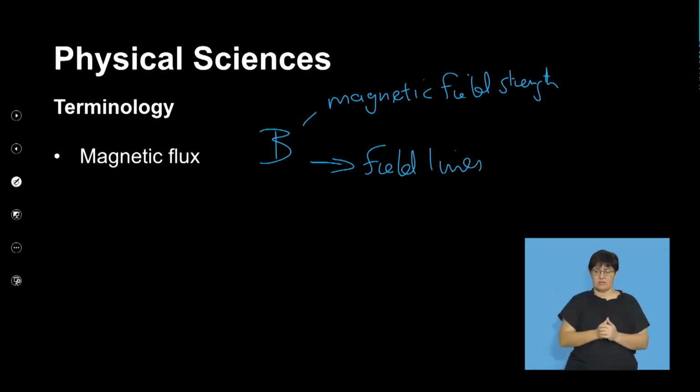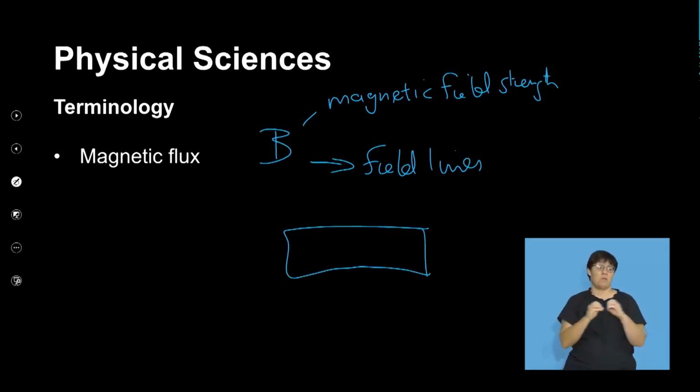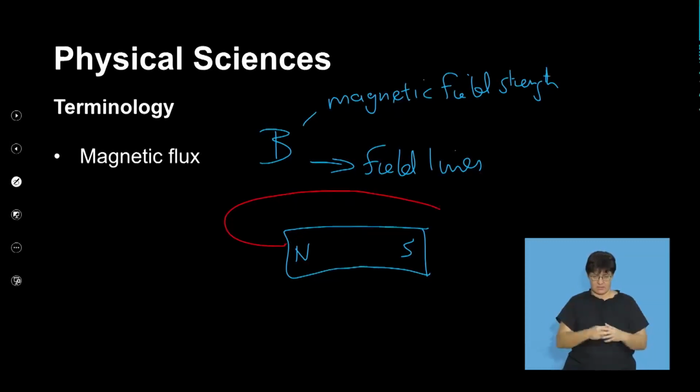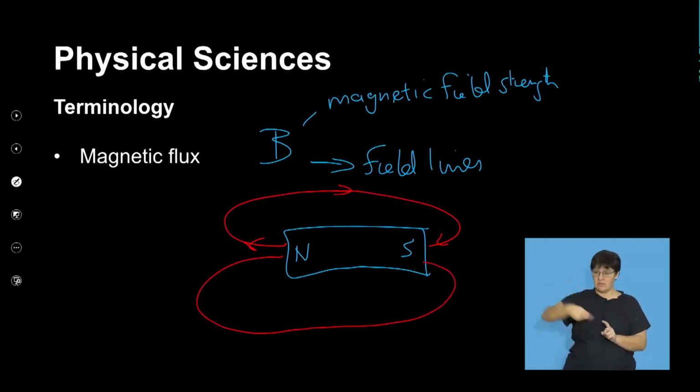So around a bar magnet, for example, you would recognize you have a north end and a south end, and you've got these field lines that run out of the north and in at the south, and they form this butterfly pattern that we like to refer to.